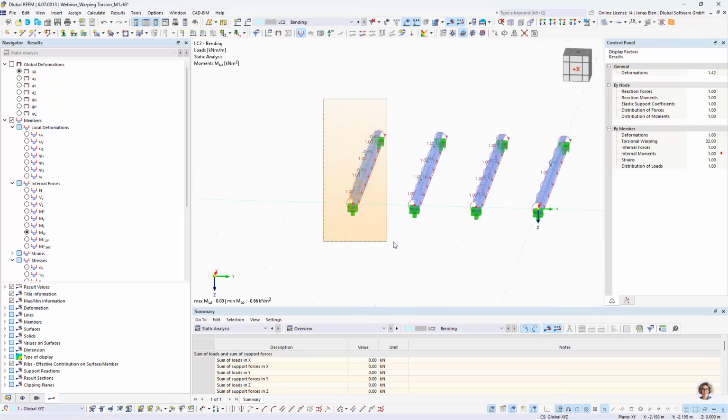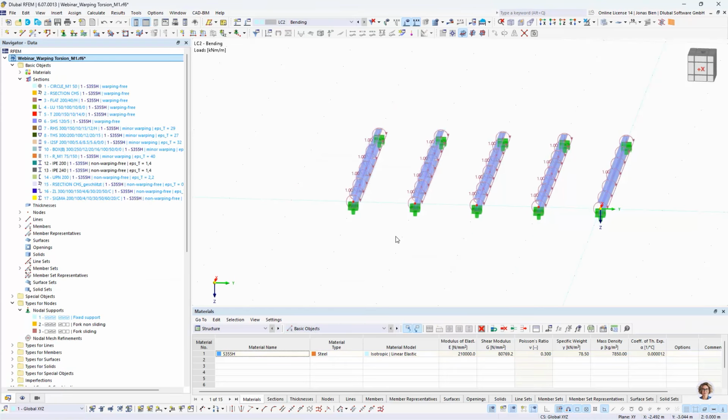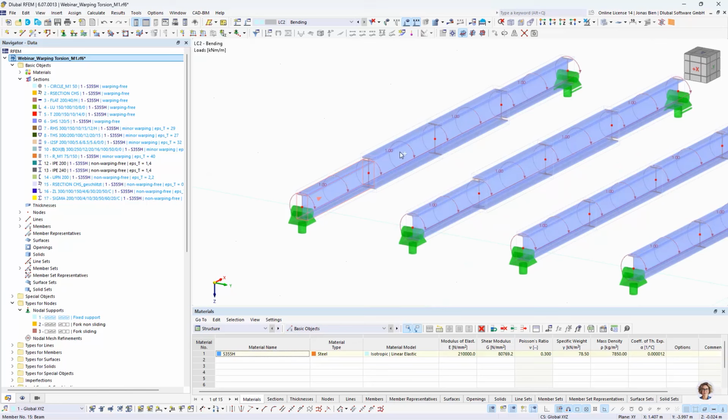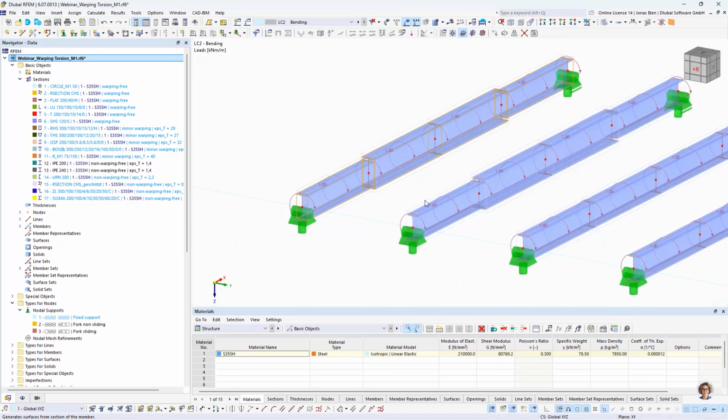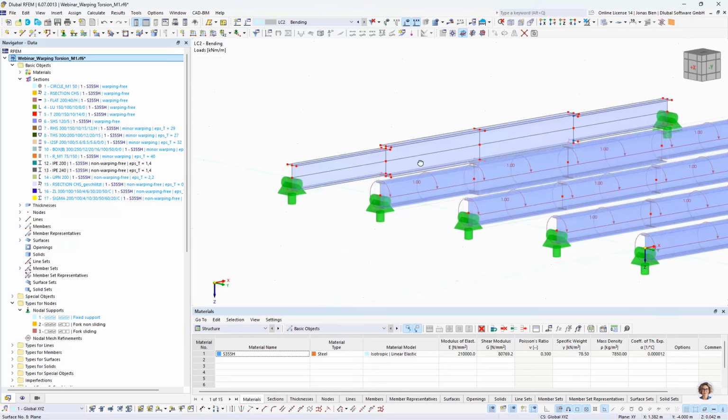But if you want to see the influence of such constructional details, what you could do in RFEM, quite easily, is make a surface model of this member. This is easily possible by just generating surfaces from these members, and then you would have a nice set of surfaces where you could start your surface analysis.